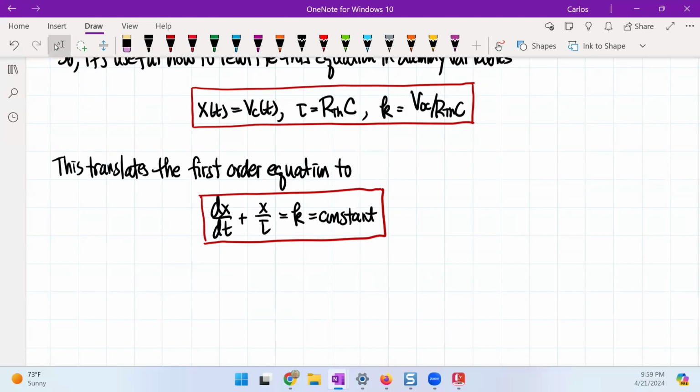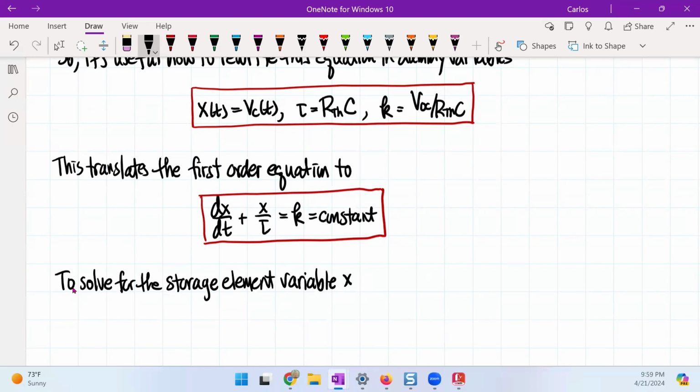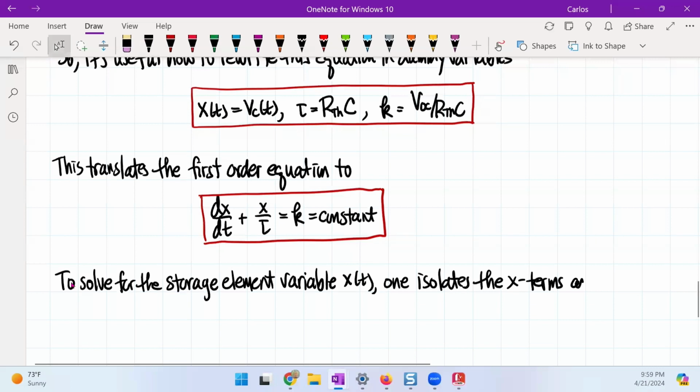So to solve for the storage element variable x, one isolates the x terms and integrates.